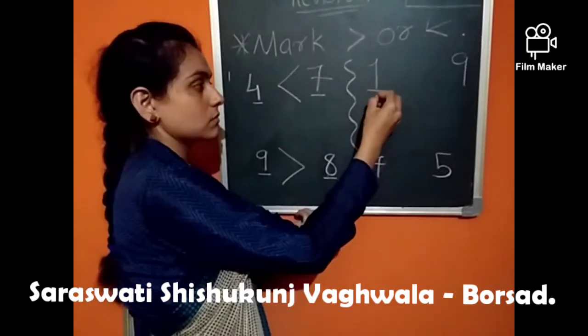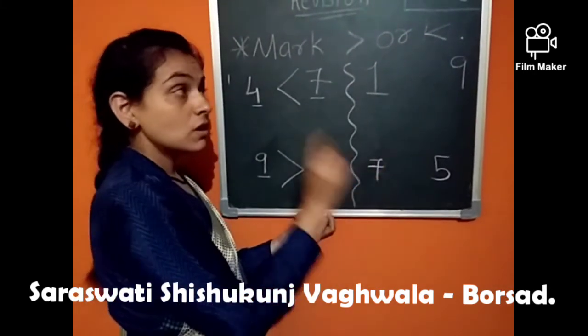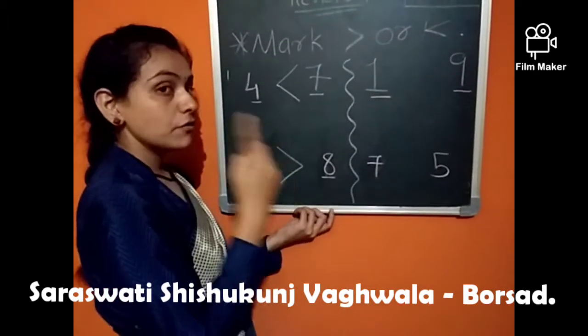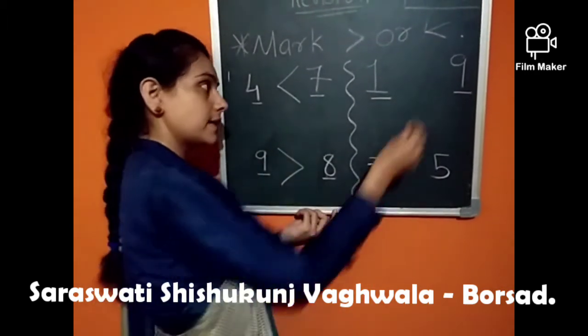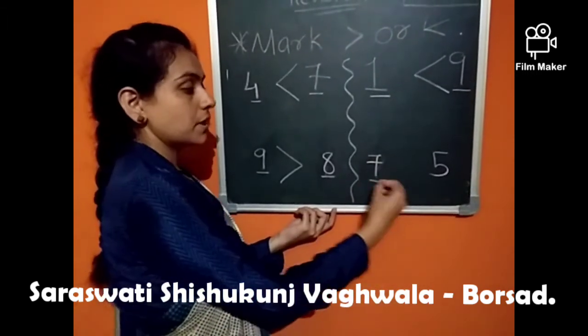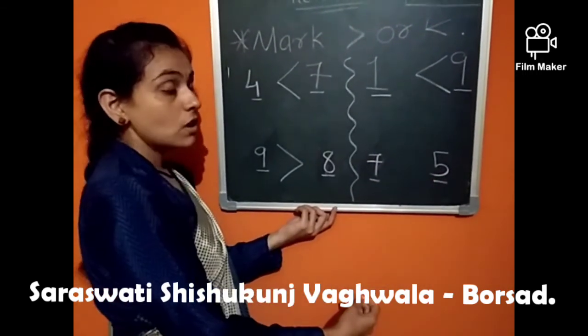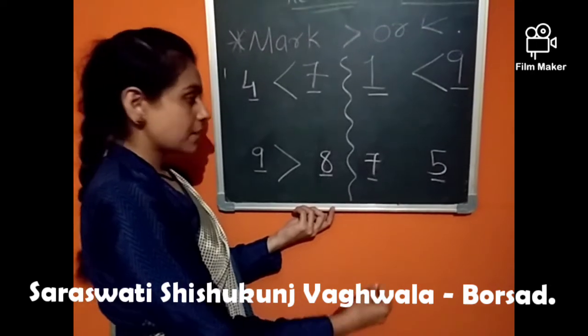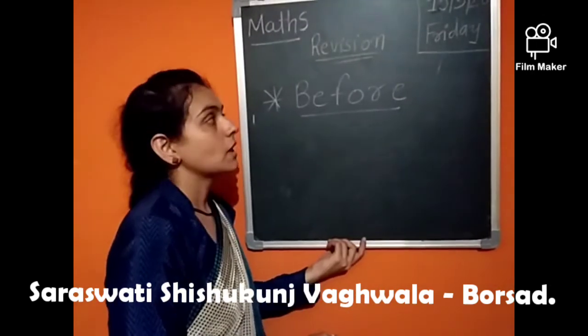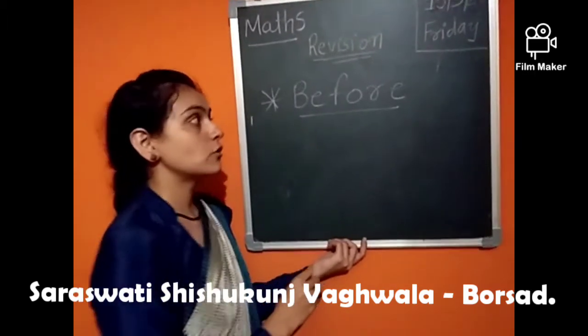Then the third one, first you have to draw the line. So 1 and 9. Which one is the big number? 9, so less than. And the last one, 7 and 5. Which one is the big number? 7, right? So greater than.